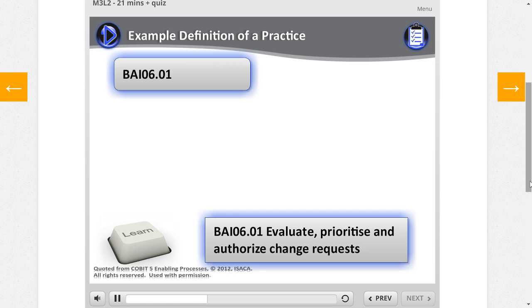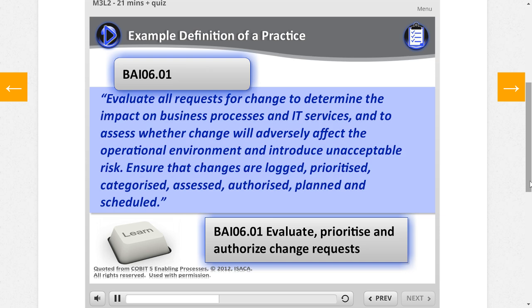The definition of this practice is: evaluate all requests for change to determine the impact on business processes and IT services, and to assess whether change will adversely affect the operational environment and introduce unacceptable risk. Ensure that changes are logged, prioritized, categorized, assessed, authorized, planned, and scheduled.